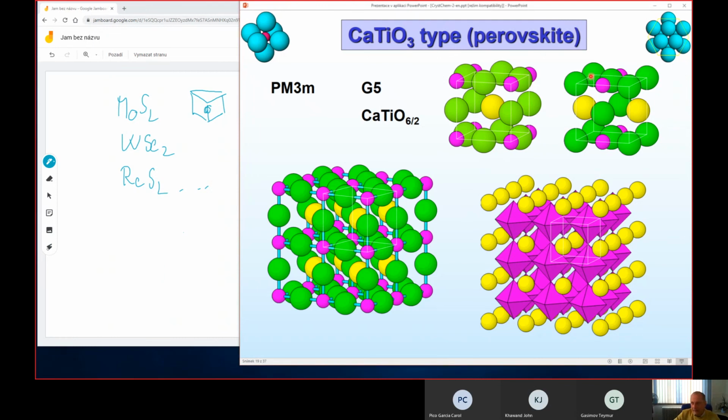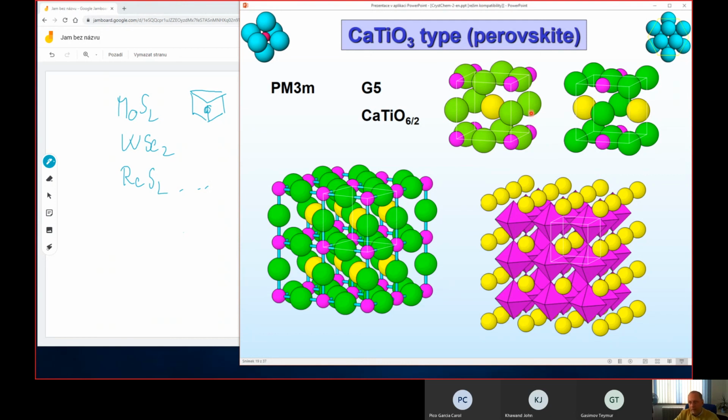This is in fact the FCC structure consisting of green and yellow atoms altogether, and then we fill 1/4 of octahedral positions. As you can see here, we have atoms in octahedral positions here, for instance, but we don't have the atoms here and also on these edges.